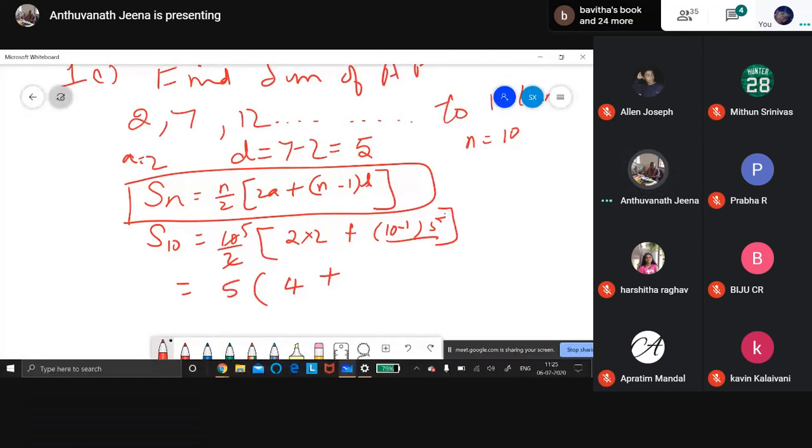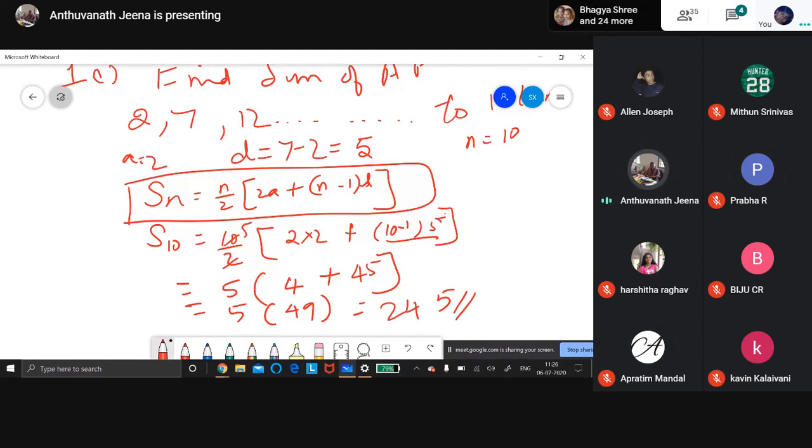I told you already, people go wrong when they are adding. They should multiply n minus 1 into d first, and then add the 2a. 9 fives are 45. So put 45 here. This mistake you should not make. So 45 plus 4 is 49. So 5 into 49 is 245.